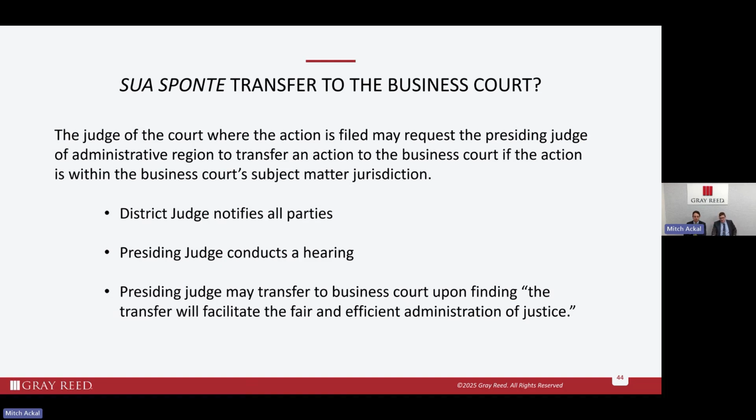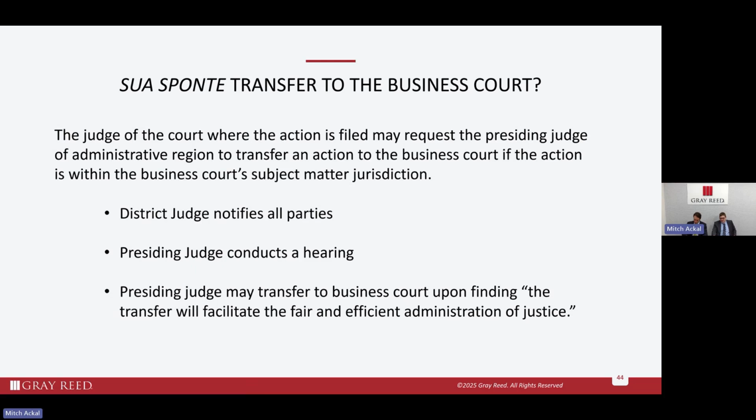So basically, all the district court judge has to do is call the parties in for a status conference, say, I think that sending you to the business court is going to basically decide this case more efficiently, and off you go. We haven't seen that happen yet, not that I've found, but it doesn't mean it won't, and it doesn't mean it can't. So, pay attention.